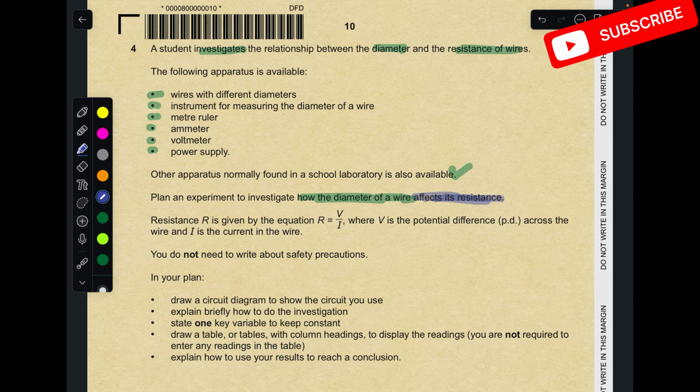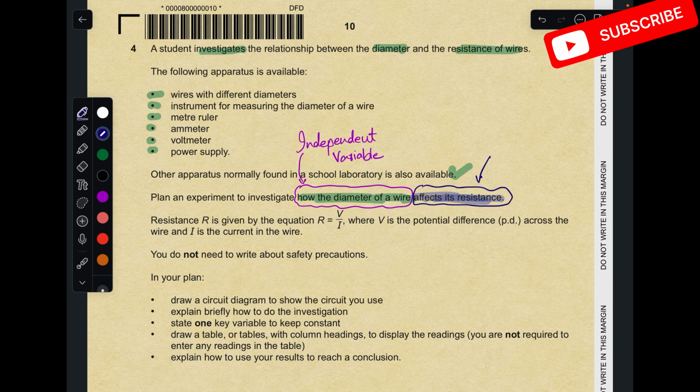Okay, what you are changing, you have to choose yourself. This is basically the independent variable, the variable that you take by your choice. The resistance will change because you are changing the diameter. So this is the dependent variable. It depends on the diameter.